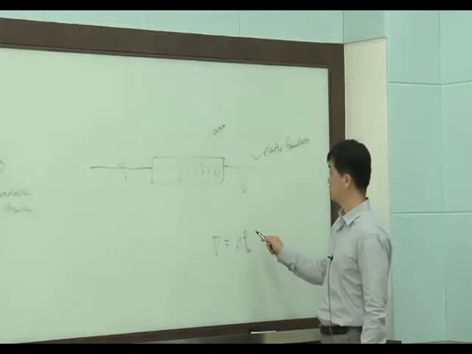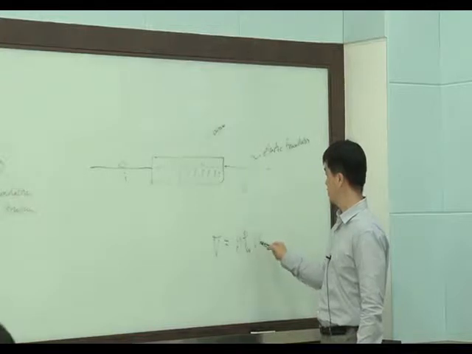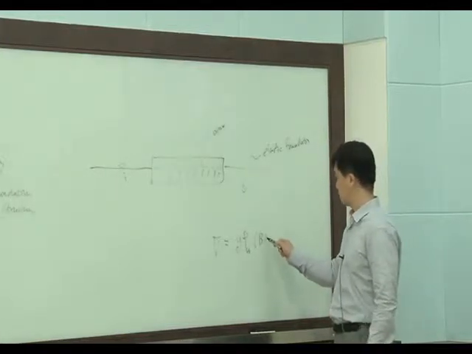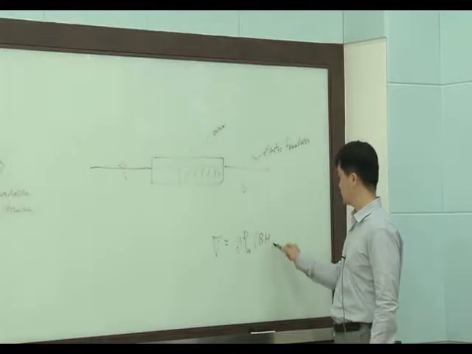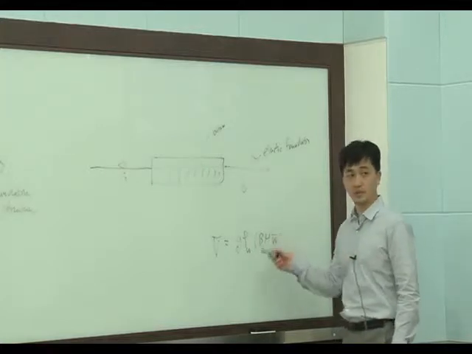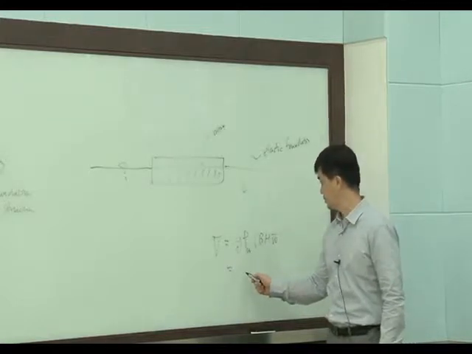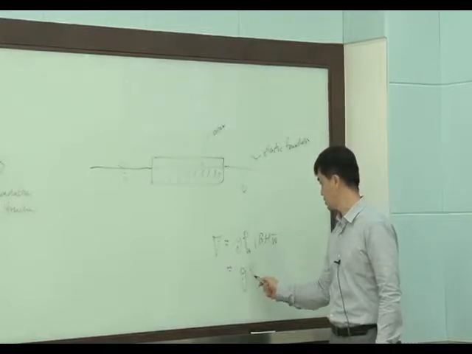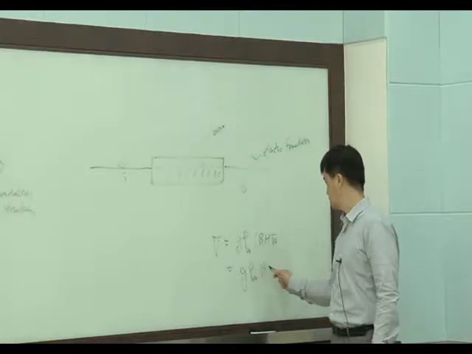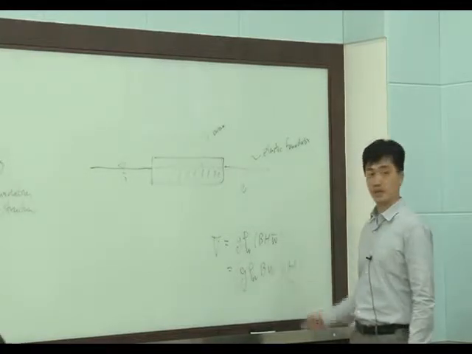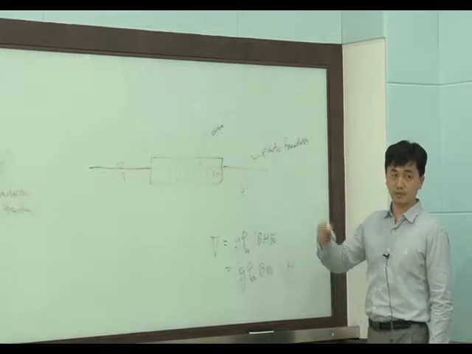The submerged volume can be calculated by the breadth, height, and width, right? This can be rearranged like this, B, W, H, where H is the depth.